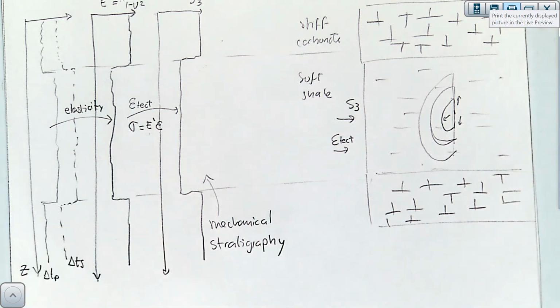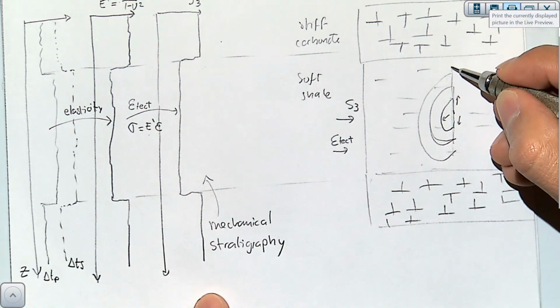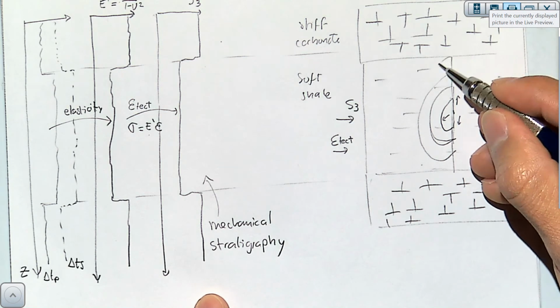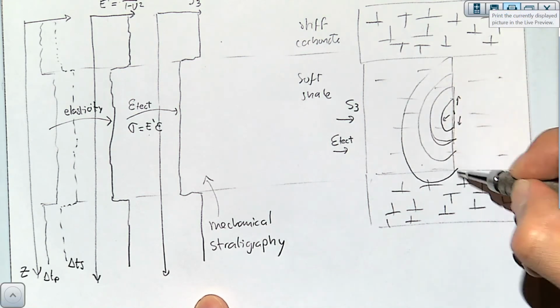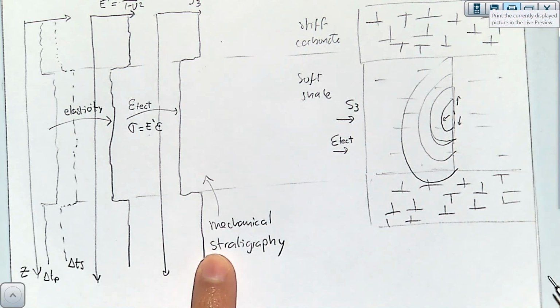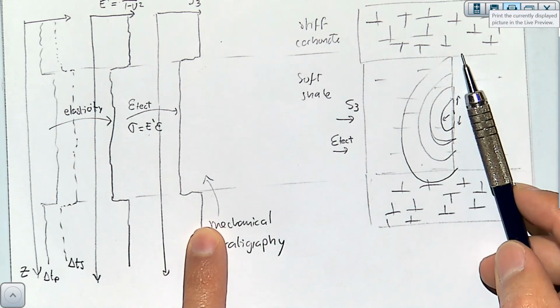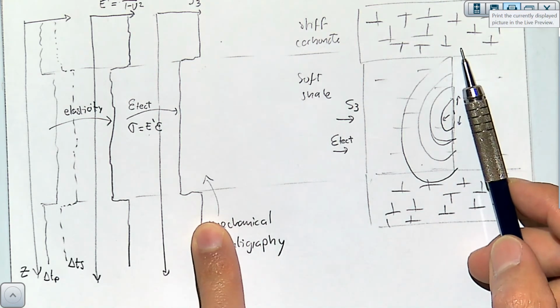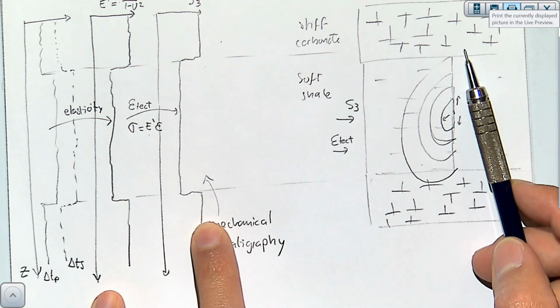because it feels that everything is the same in this region, but it's going to reach a point at which it's going to see that there are layers with higher stress.